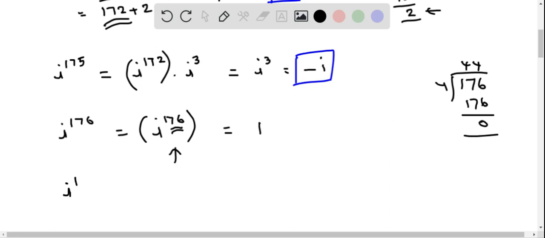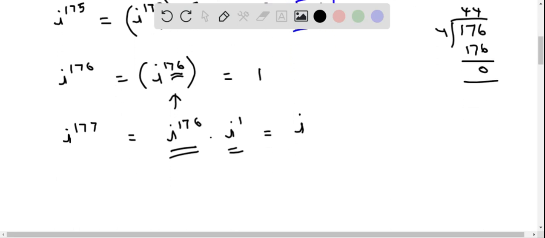And then we have i raised to the power of 177. Now we rewrite this as i raised to the power of 176 times i raised to the power of 1, because when you divide 177 by 4, we get 44 as the quotient and the remainder is 1. So this value equals 1, and we have i raised to the power of 1, so basically this is i.